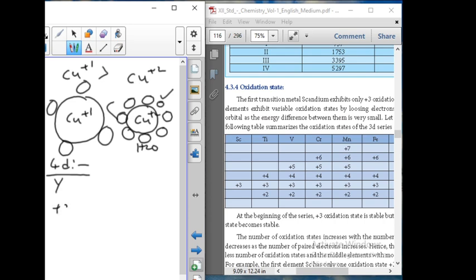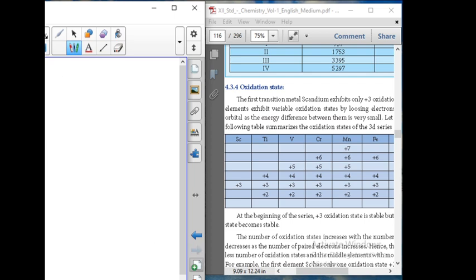Yttrium can show +3, zirconium can show +3, +4, niobium can show +2, +3, +4, +5, molybdenum can show +2, +3, +4, +5, +6. Technetium can show +2, +4, +5 and +7.